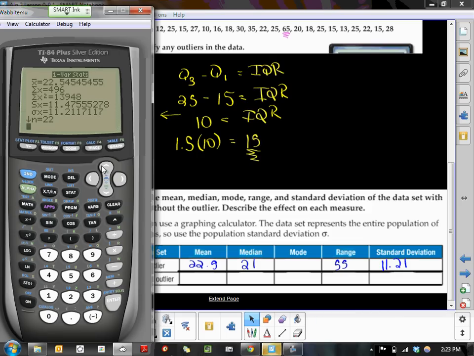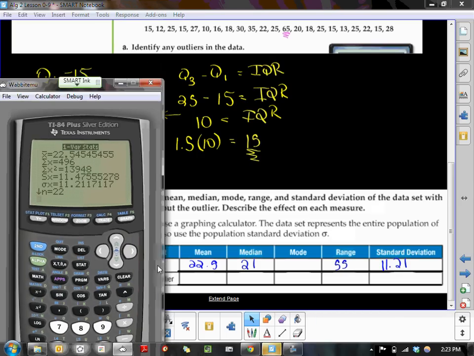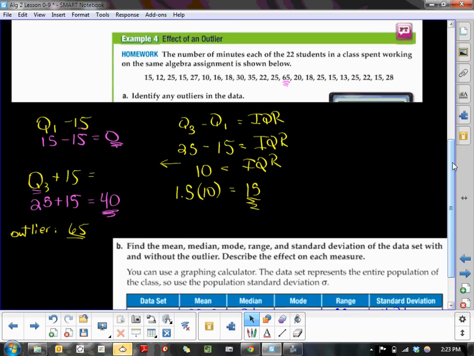And then we'll calculate our mode here by looking at our data set and seeing if anything occurs more than once. 15 occurs twice, 3 times, 4 times. So 15 occurs 4 times. 12 is not. I don't think we can beat 15. 25, I got 1, 2, 3, 4.